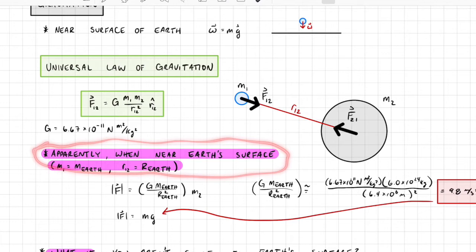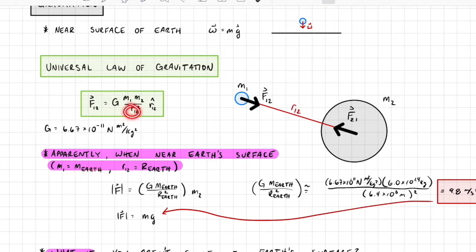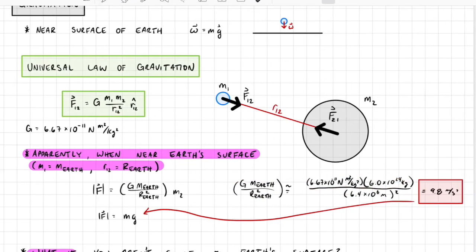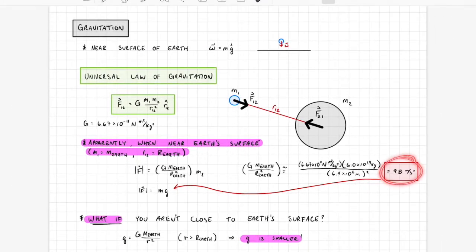What happens when you're near the surface of the Earth is that when you plug in m1 as the mass of the Earth and r12 as the radius of the Earth, this term here, which is just G times the mass of the Earth divided by the radius of the Earth squared, when you plug in all of those values, as I've done over here, you end up getting 9.8 meters per second squared for everything in this parenthesis.